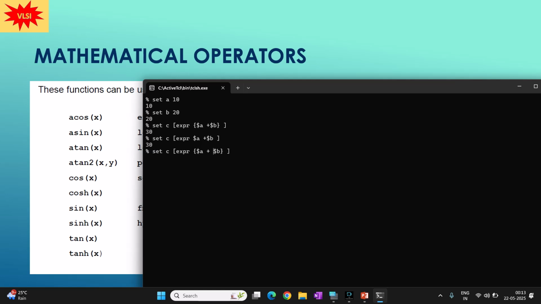When I'm writing it without the braces, the TCL interpreter first does the substitution of A, then the substitution of B, and then it interprets expr.